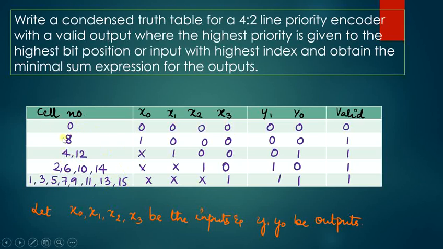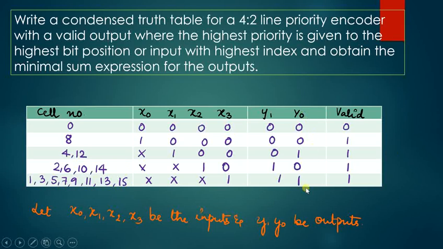Now we have represented the cell numbers. So we have the outputs y1, y0, and we have validity. You can see y1 corresponds to minterm 1 for the cell numbers 2, 6, 10, 14, and you have 1, 3, 5, 7, 9, 11, 13 and 15. So if I want to represent y1, I need to consider both these rows of cells to represent and simplify the expression.